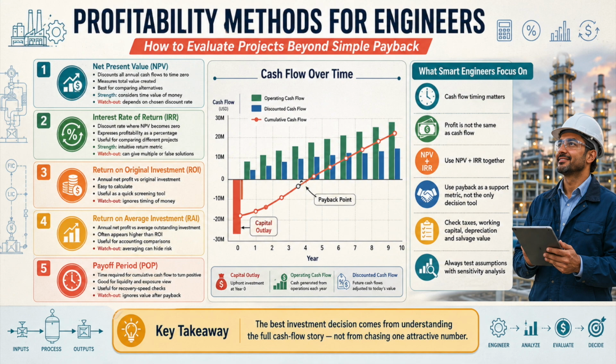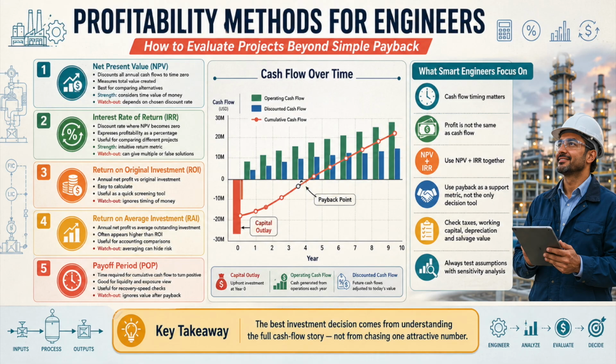Third, establish the operating basis: production volume, selling price, operating cost, maintenance cost, staffing, utilities, and overhead allocation. Fourth, calculate taxes, depreciation, and annual cash flow. Fifth, determine net present value, interest rate of return, return on original investment, return on average investment, and payoff period using clearly defined formulas. Sixth, plot the annual and cumulative cash flows.